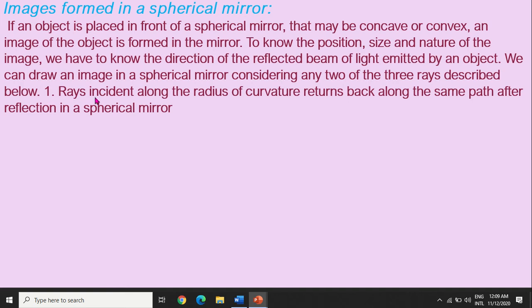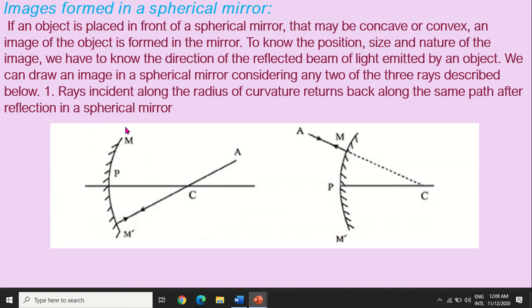Number 1, rays incident along the radius of curvature return back along the same path after reflection in a spherical mirror. So let's look at this figure. Rays incident along the radius of curvature return back along the same path after reflection.